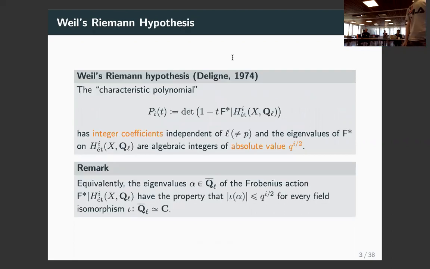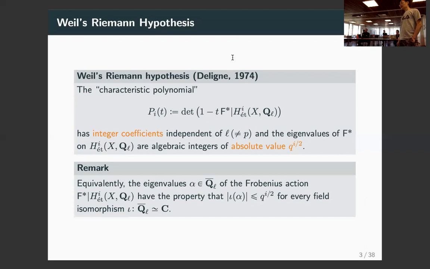And then this famous conjecture proved by Deligne says that this characteristic polynomial P_i, which is just the determinant of this Frobenius action, has integer coefficients independent of l, where l is always not equal to p. And the eigenvalues of the pullback action of Frobenius on H^i are all algebraic integers having absolute value q^(i/2).